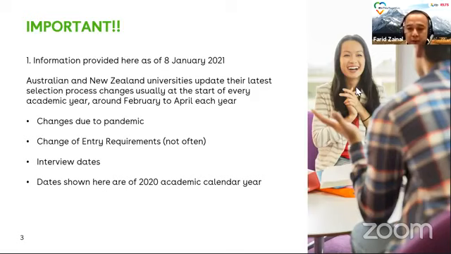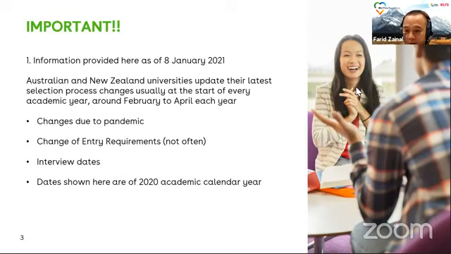So for example, for the next year's intake of 2022, full confirmation of any changes and info for the selection process will be made known within the next few weeks, even right up to April. Partly the reason is of course due to the ongoing pandemic.